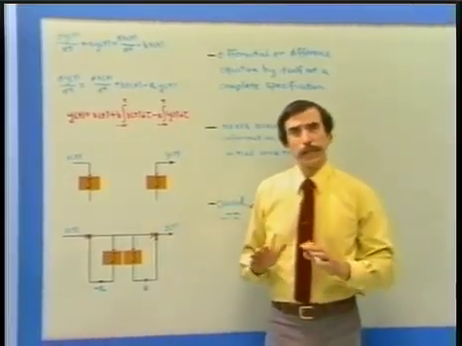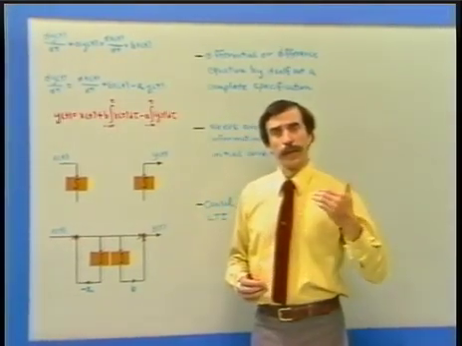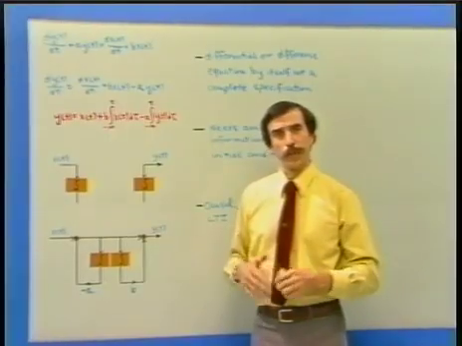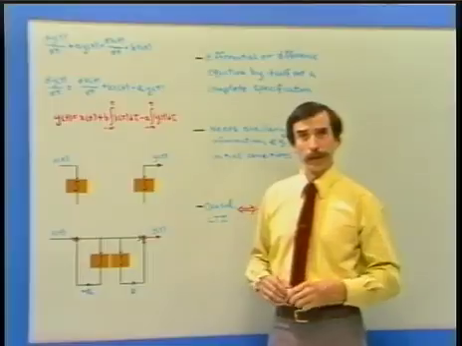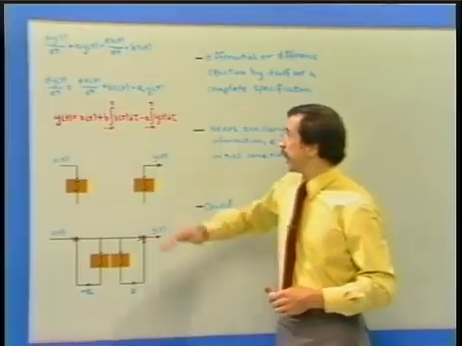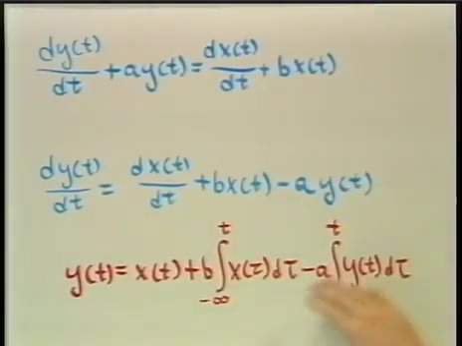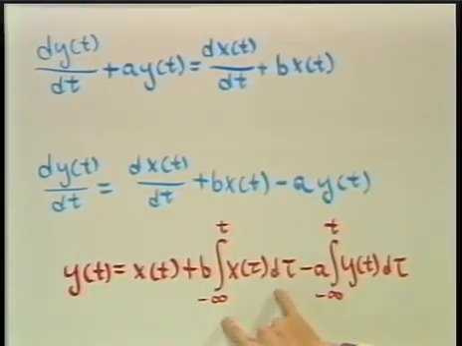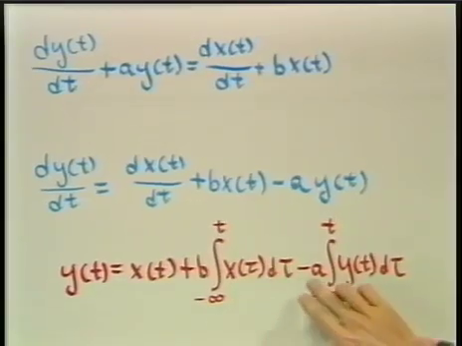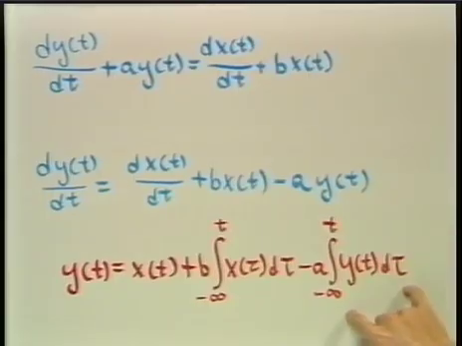Next, we integrate both sides of the equation so that when we're done, we end up with, on the left side of the equation, y of t, on the right side of the equation with the appropriate number of integrations. And so the integral equation that we'll get is, for this example, y of t, the output, is x of t plus b, the scale factor, times the integral of the input, and minus a, that scale factor times the integral of the output.